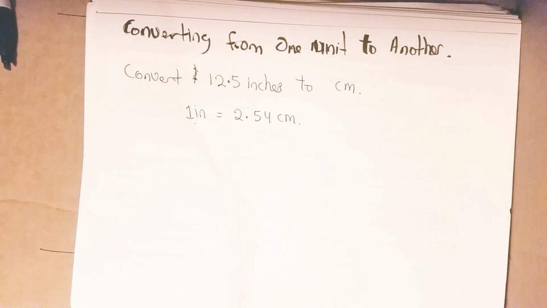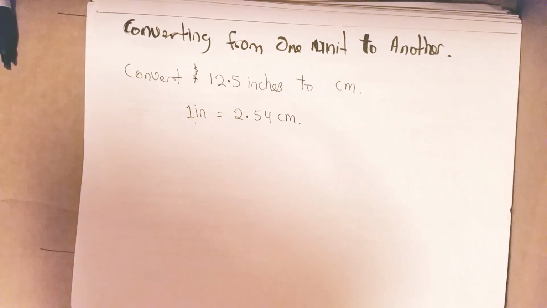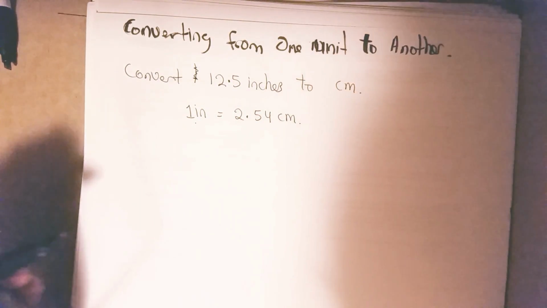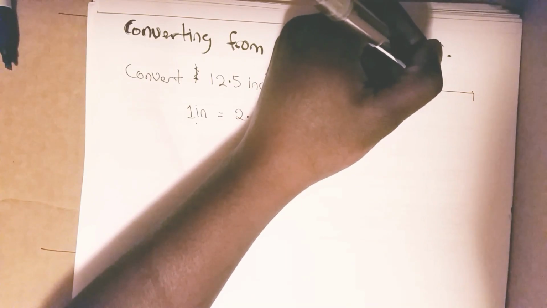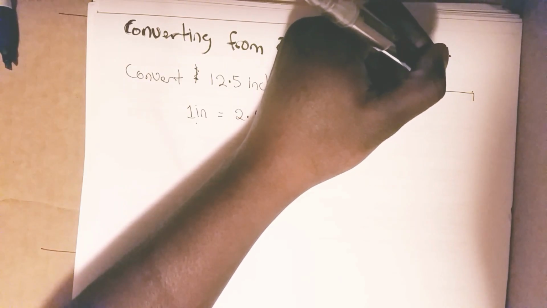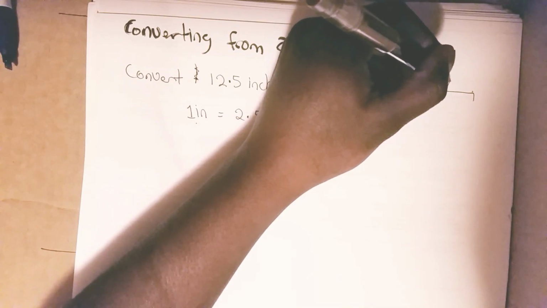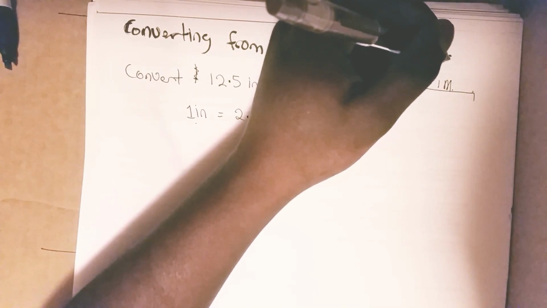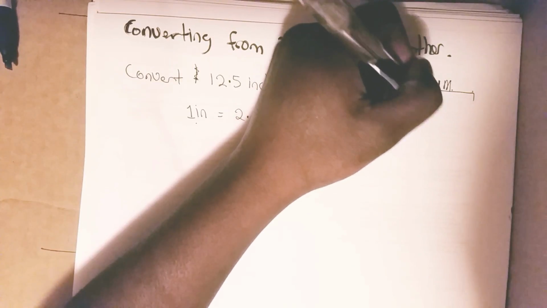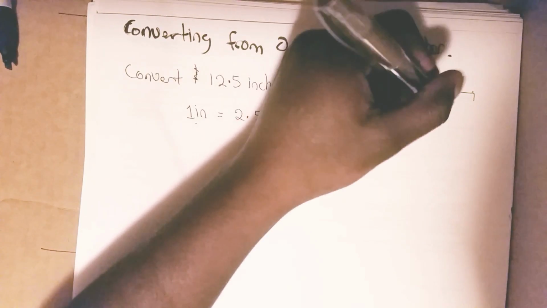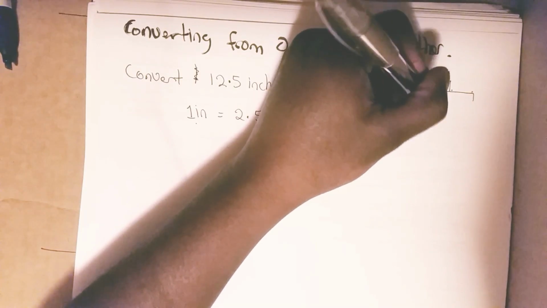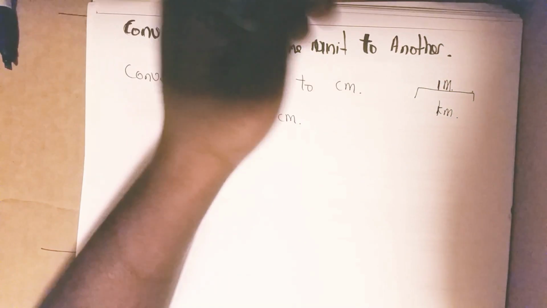So, converting from one unit to another. In chemistry and in life, you always have to convert stuff, right? If you have 1 mile, how much is that in kilometers? If you have 1 meter, you may want to convert that into kilometers.